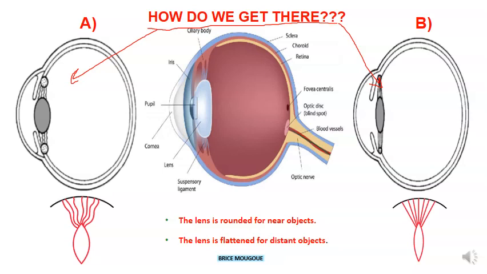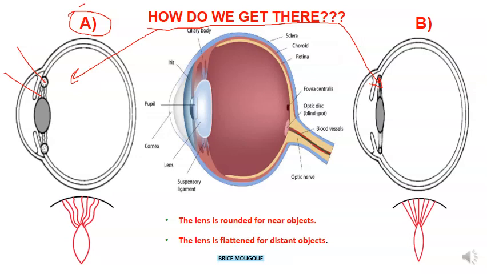Okay, now for the lens, I'll start with A here. For the lens to be bulged, dome shape, or more rounded, I would like to draw our attention to the ciliary muscles that are found here and the suspensory ligaments.